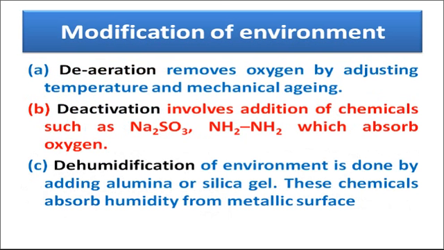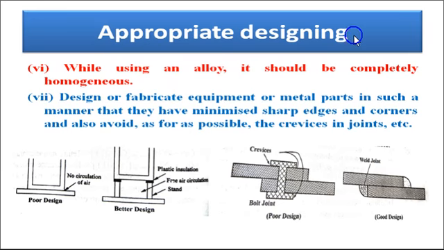The third important aspect of appropriate designing is to design or fabricate equipment or metal parts in such a manner that they have minimized sharp edges and corners. Why sharp edges and corners? Because as we discussed in the last class, suppose one structure has this type of sharp edge and one structure has a curved edge.